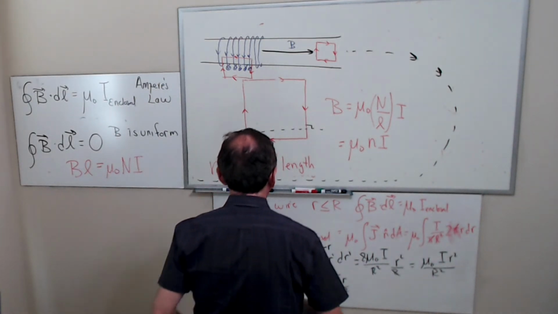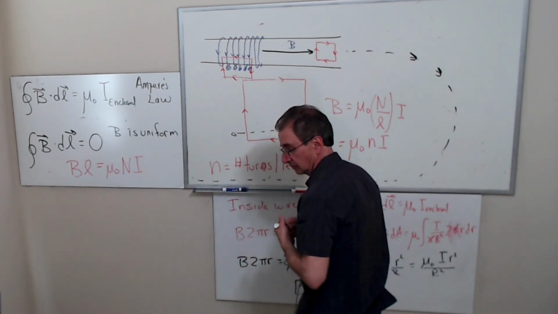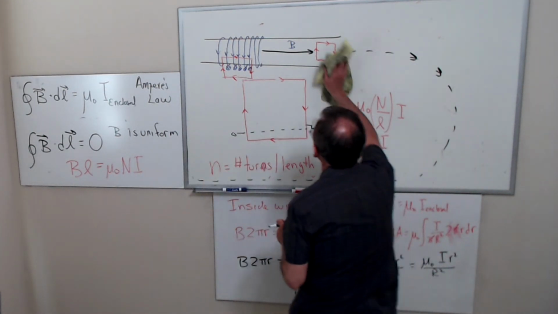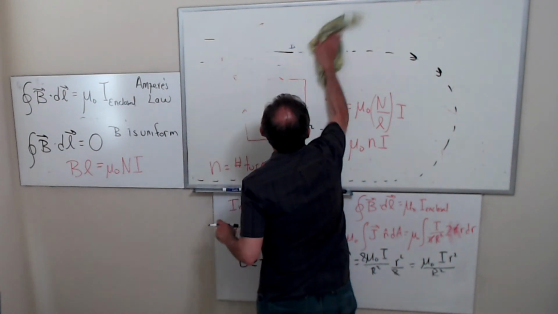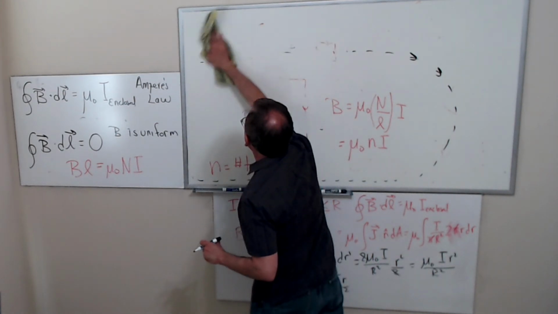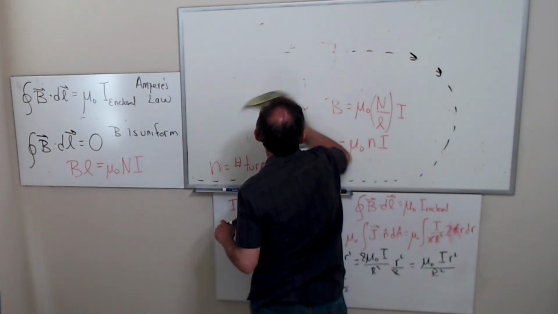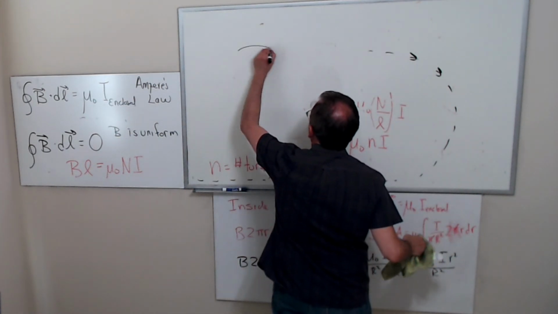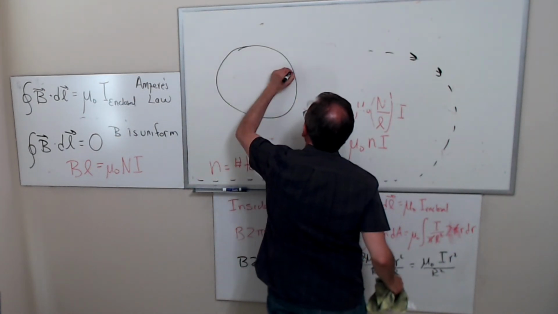You cannot use Ampere's law if you have, let's see, a loop of wire carrying current. All right, let's say you have a loop of wire carrying current like this.